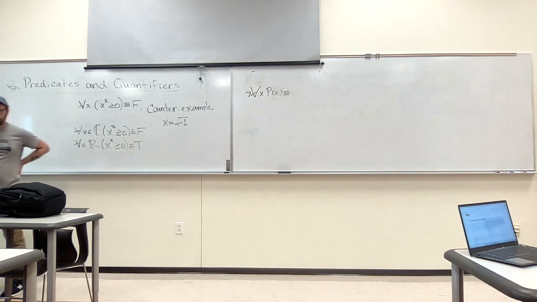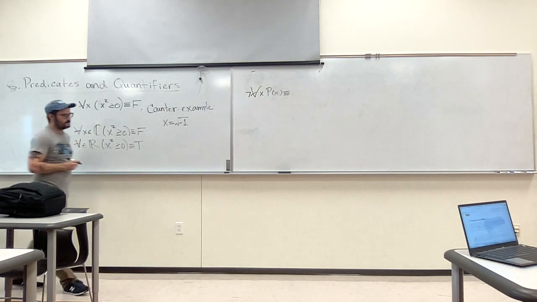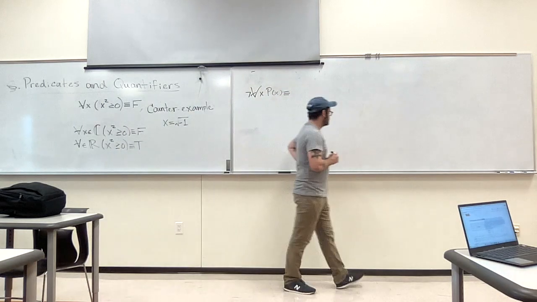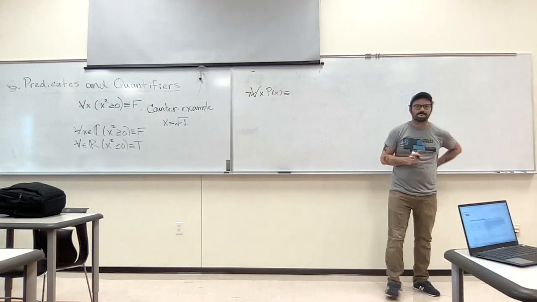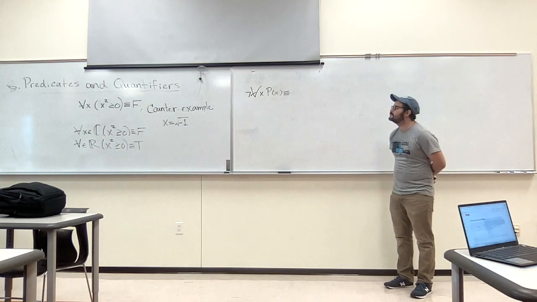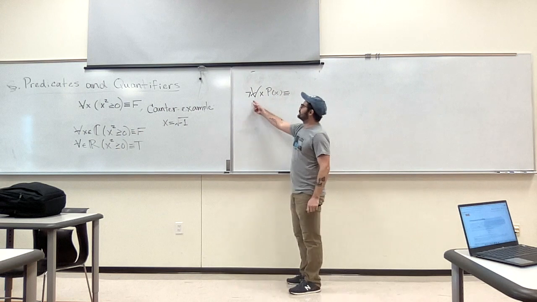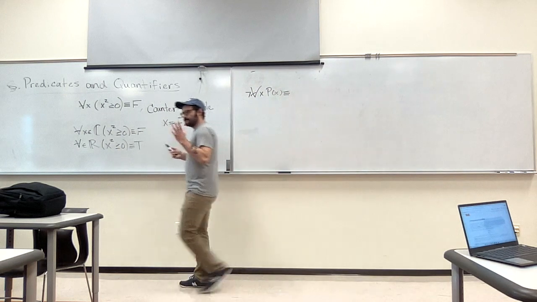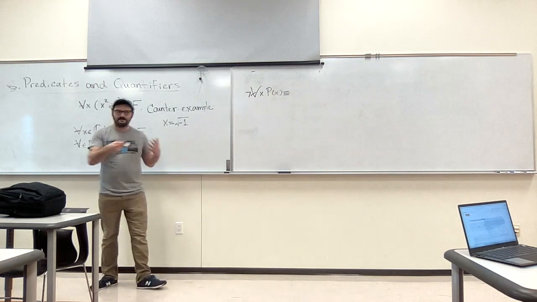False. Not for all of P of x. So yeah, this reads, it is not the case that for all x p of x, right? But what is the universal quantifier?